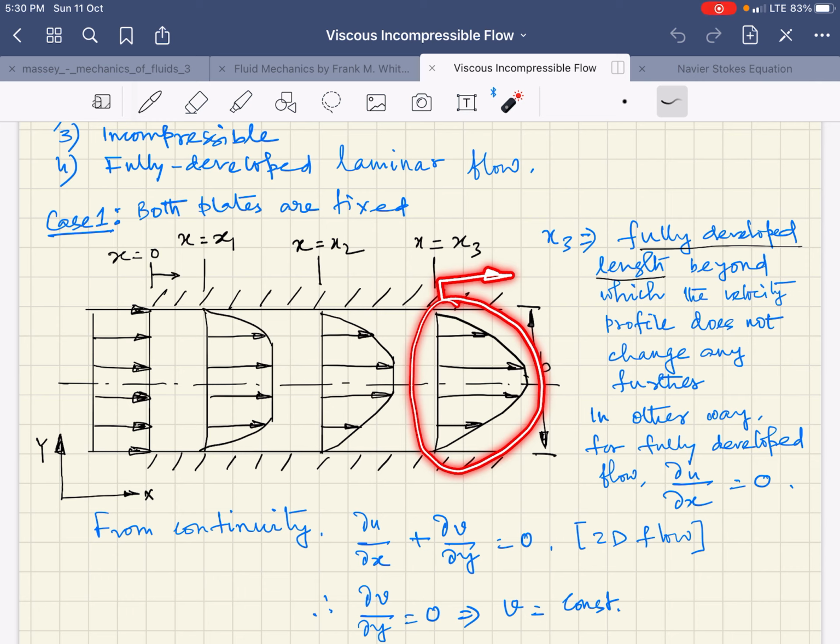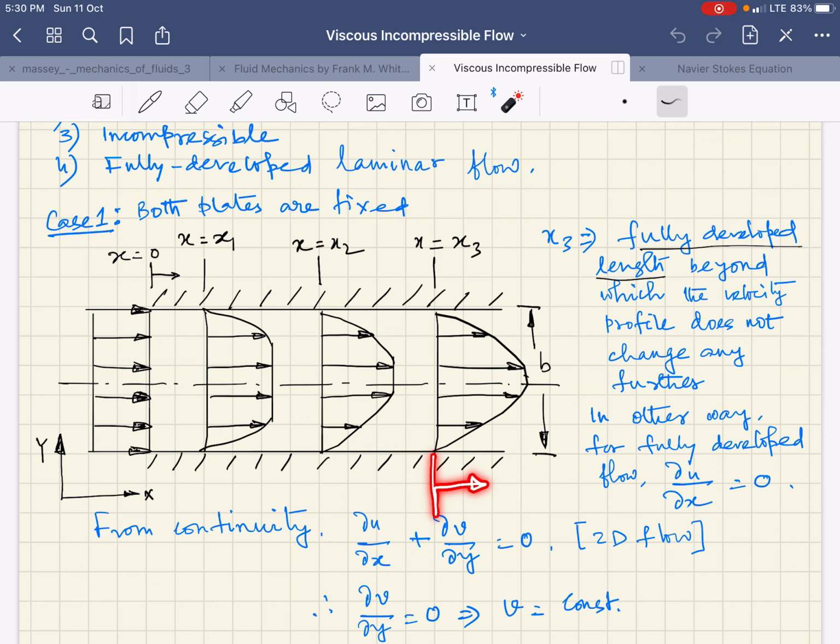Thereby we can say that x3 is the fully developed length, beyond which the velocity profile does not change any further. Okay, so that is our consideration, or our analysis starts from this point onwards.